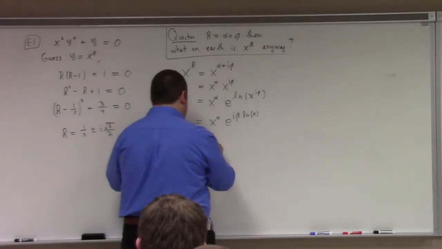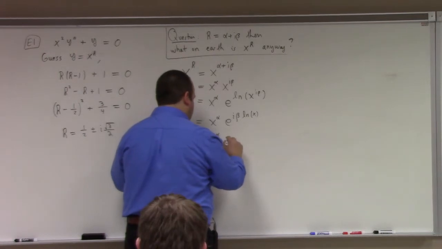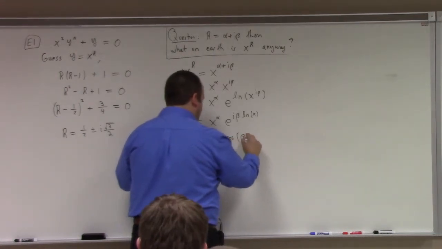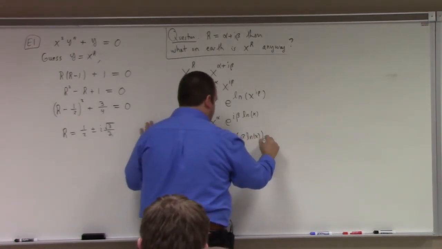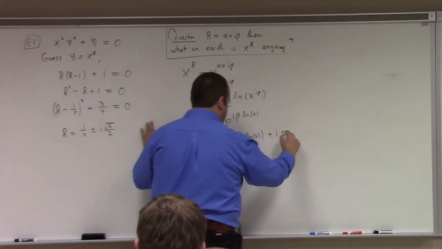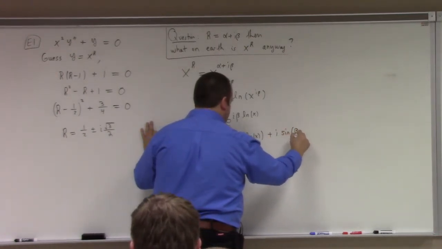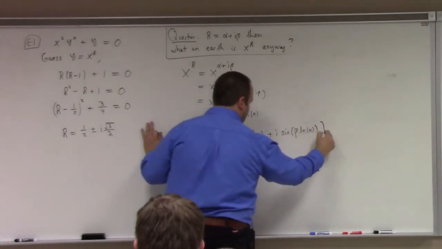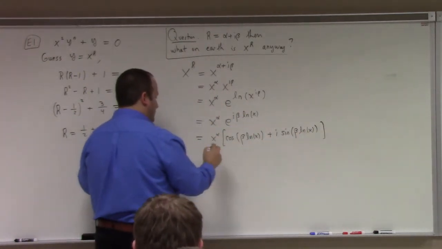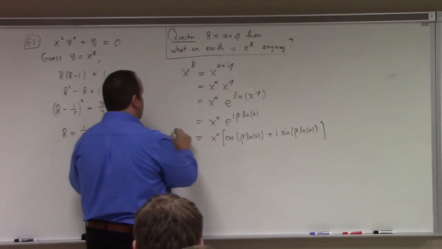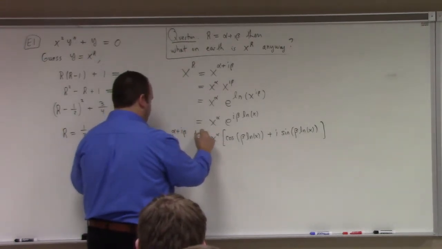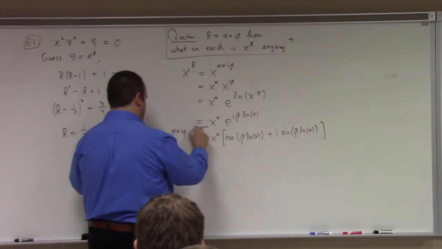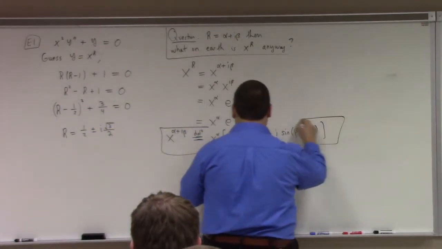And so, man, this is just a heuristic derivation for you guys. So what I'm about to write, we'll just take as the definition, all right? So here you go. Here's a definition for you. X to the alpha plus i beta is defined to be, for this class, this right here.